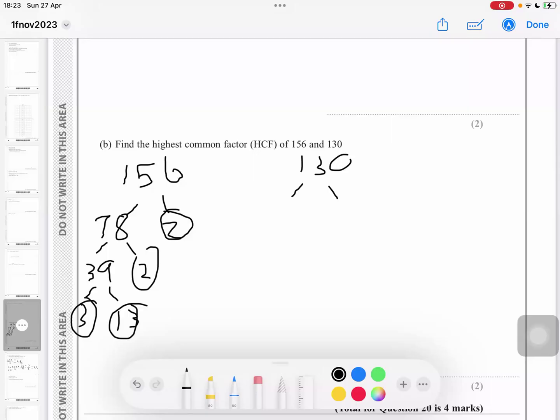We're looking for the highest common factor. So if you're looking for the highest common factor, 13 looks like the biggest, isn't it? Okay, that's nice. I like this method. I love it. Love it to bits.